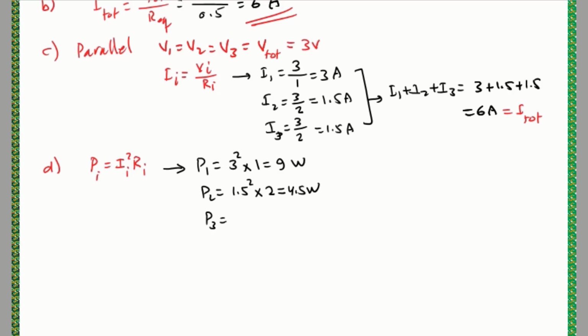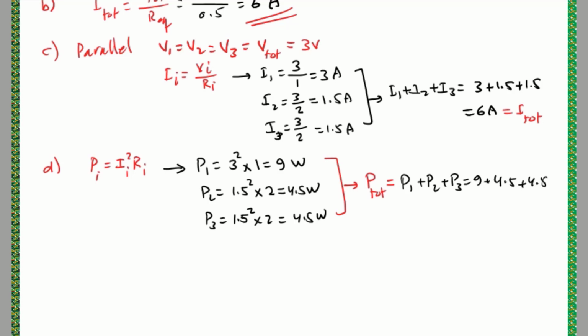And P3, we have accidentally the same current and the same resistor, 4.5 watts. If you add all of these, P total should be P1 plus P2 plus P3, 9 plus 4.5 plus 4.5, which is 18 watts.